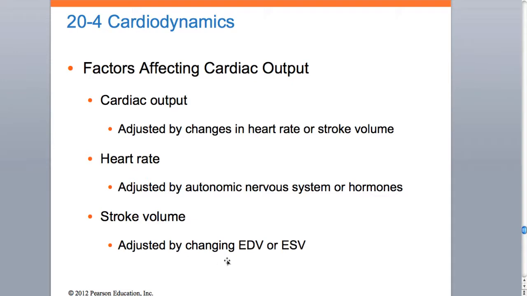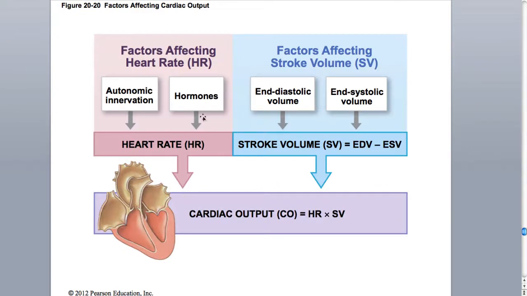And then I can affect stroke volume by either letting more fluid stay in the heart or having less fluid stay in the heart. Right, so that's how I can adjust the stroke volume. The formula and this picture go hand in hand. So this slide right here is related to the last one I just showed you.